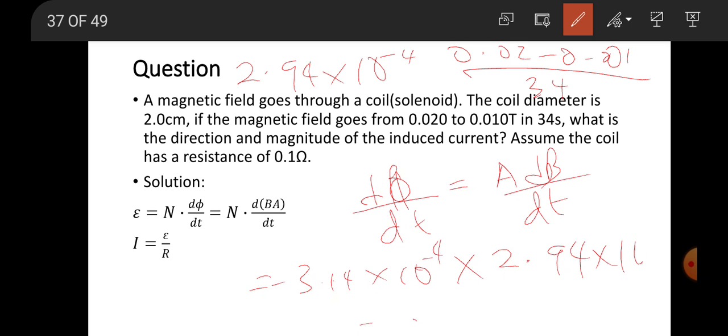So 3.14 times 10 to the power minus 4 multiplied by 2.94 times 10 to the power minus 4 gives us the answer, 9.23 times 10 to the power minus 8.